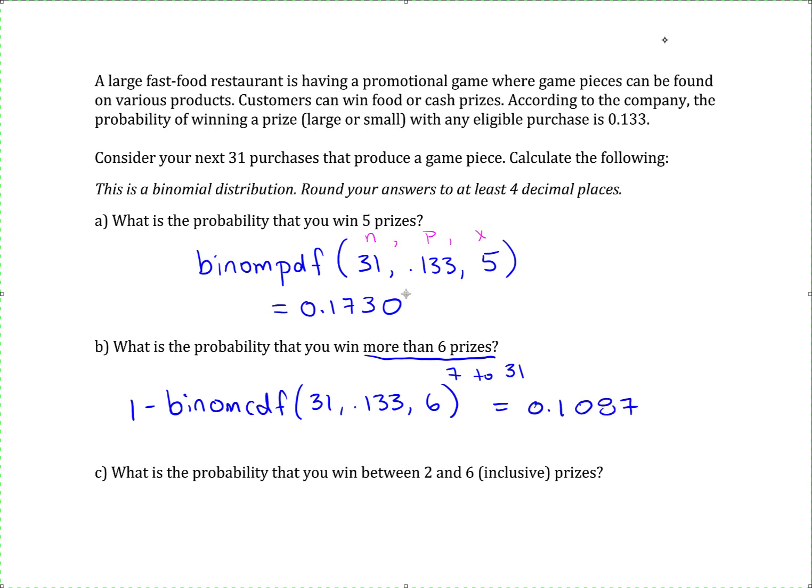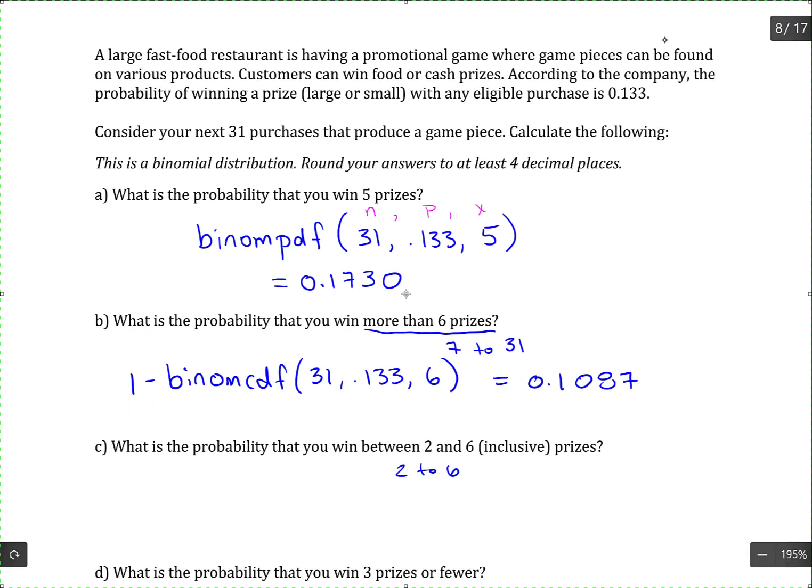All right, what is the probability that you win between 2 and 6 inclusive prizes? So between 2 and 6, this is going to get rather tricky. We're looking for 2 to 6. I'll go ahead and list those.